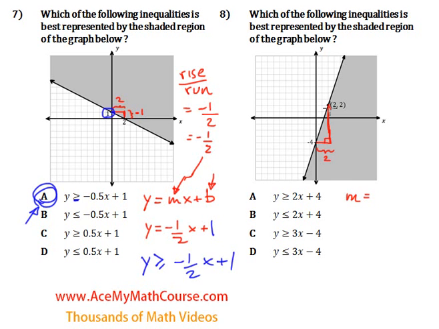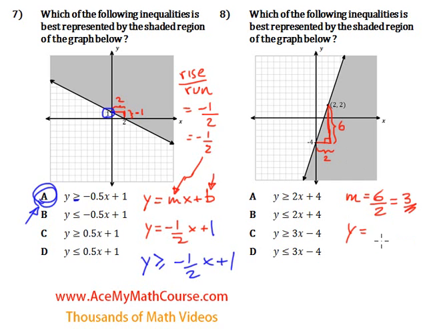Now the rise, we're going from -4 up to 2. So the rise is 6 because -4 plus 6 is +2. So rise over run, 6 over 2. 6 divided by 2 is 3. So we know that that is our slope.